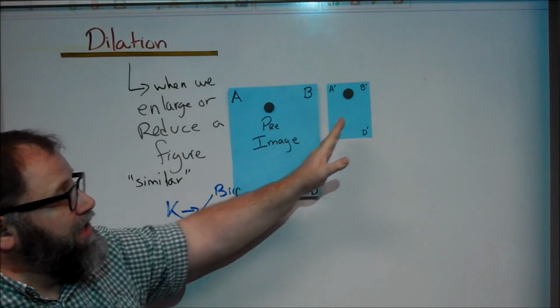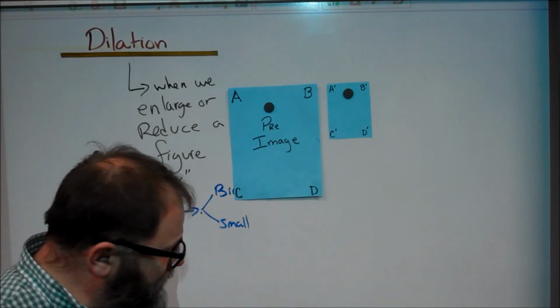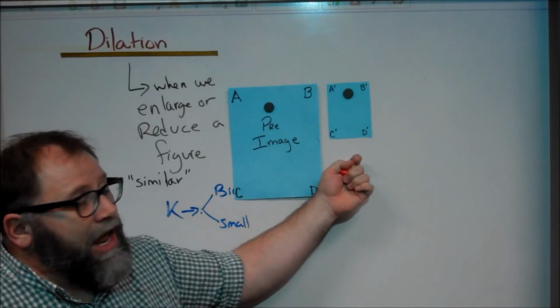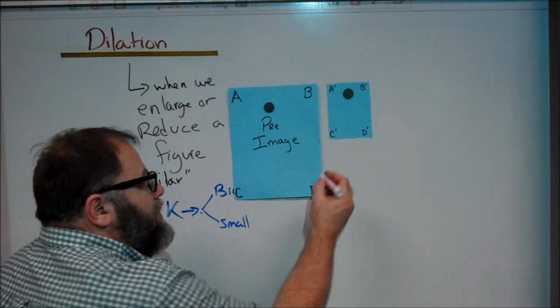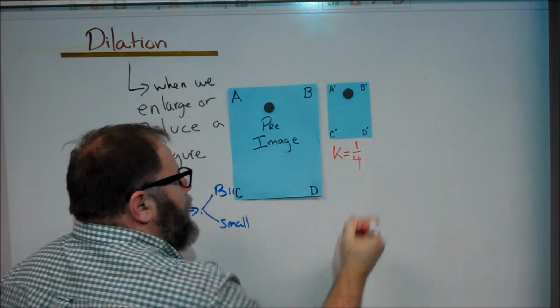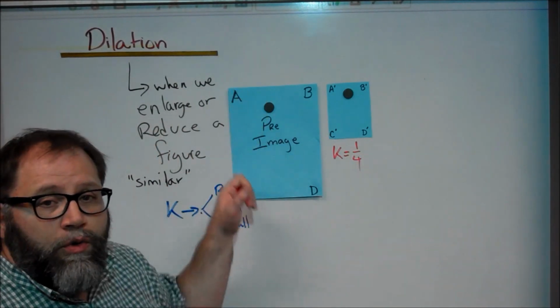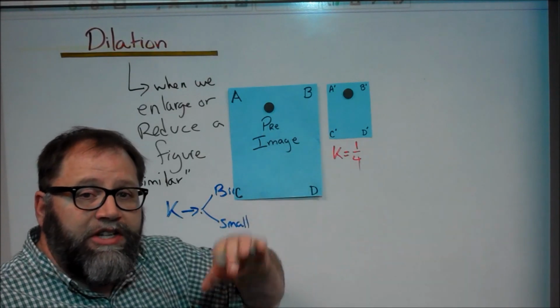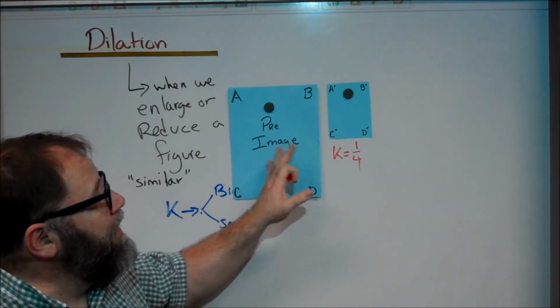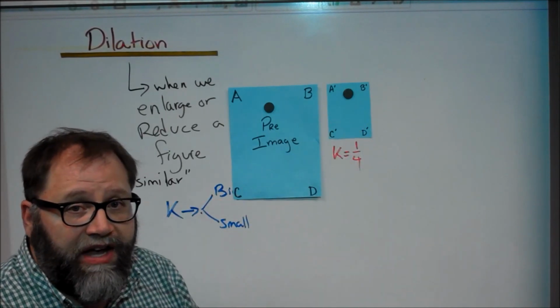If I look at this, what happened was I now have a fourth of it. So in this essence, k, the scale factor, was 1/4. Every one of these ordered pairs, each individual x, each individual y, I multiplied by a fourth, and I got a shape that was 1/4 the size.